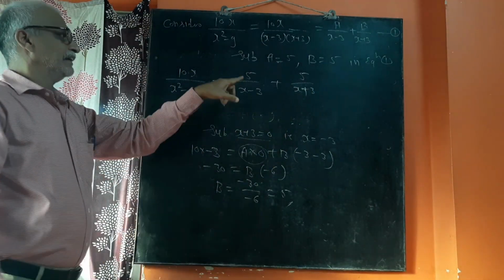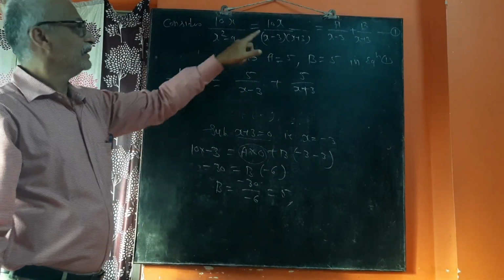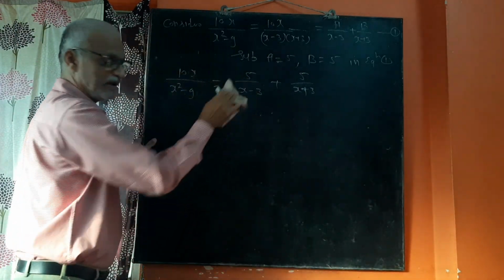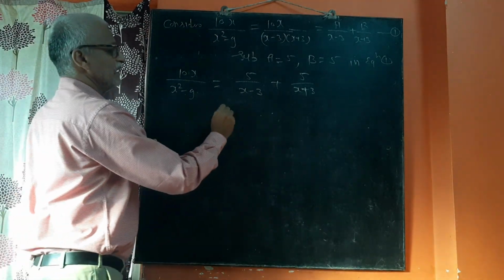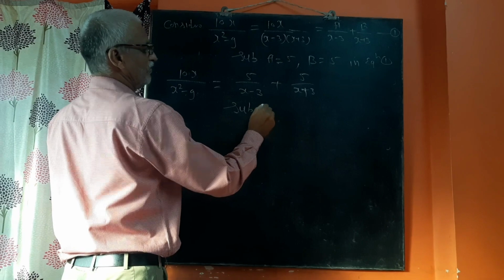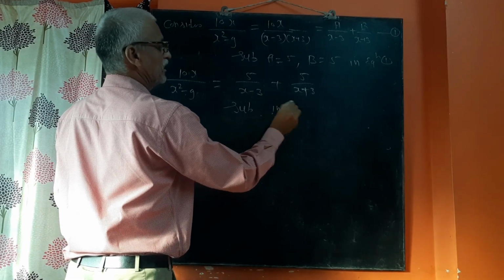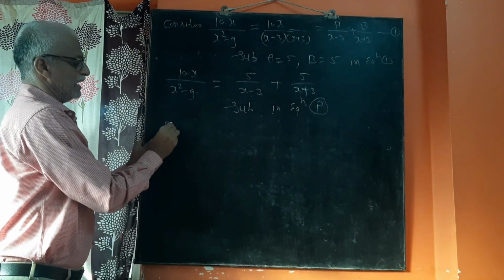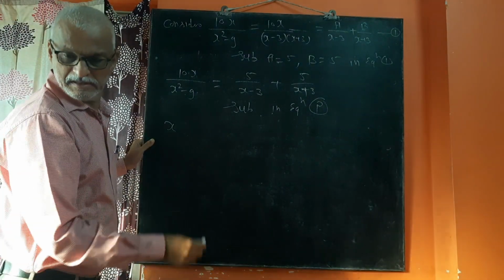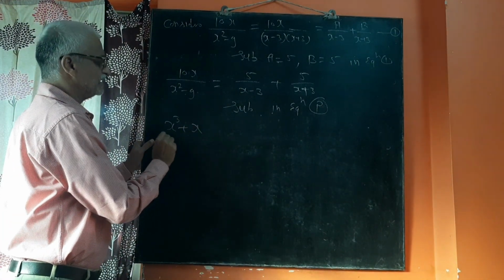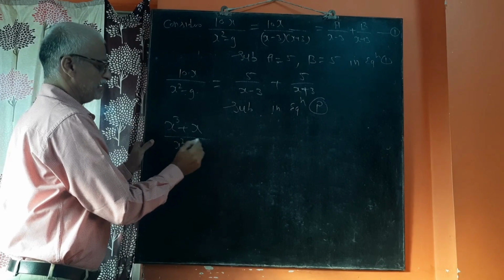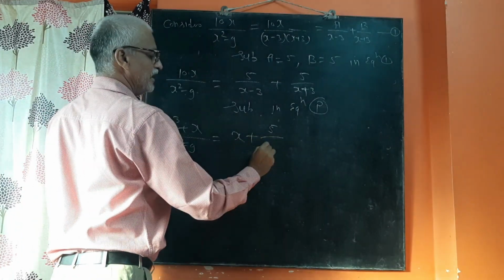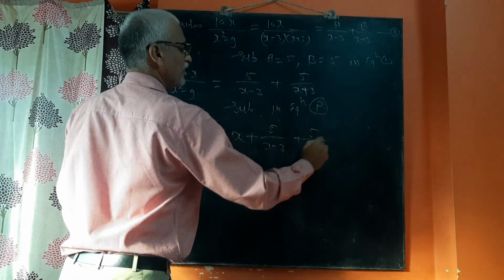These are the partial fractions of 10x upon x square minus 9. Now substituting this value in equation P. Our equation P was, I think, x cube plus x divided by x square minus 9 is equal to, first one was x, plus 5 upon x minus 3 plus 5 upon x plus 3.